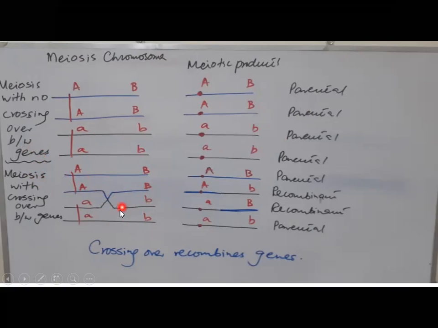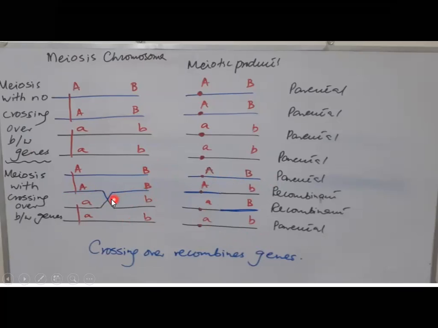What will happen when they get separated at the centromere after meiosis? This chromatid is of parental type because there was no chiasmata formation over there. This will also be of parental type because there was no chiasmata formation, pairing of chromosome.